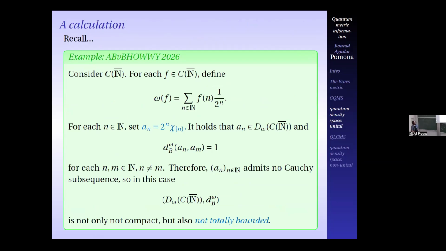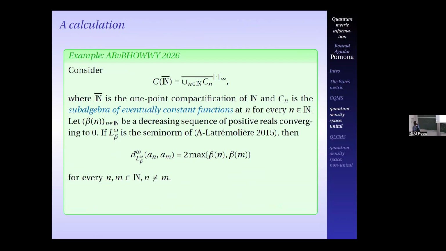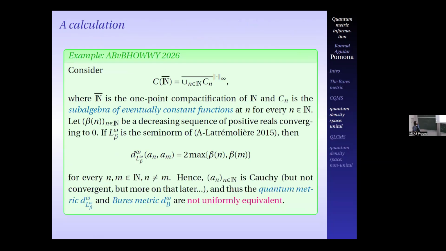For the Bures metric, because they have disjoint support, it's just distance one, so uniformly discrete. And then in the quantum metric, when you amplify to the matrix case, you get less than or equal to 2 times. You just get a less than or equal to, but then you still get Cauchy, right?